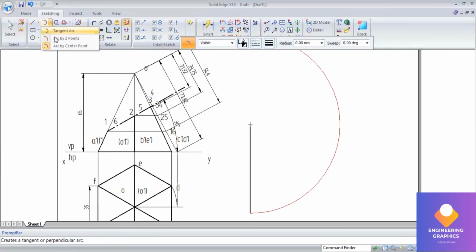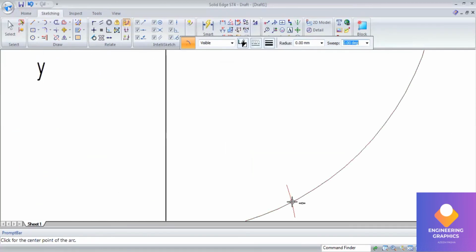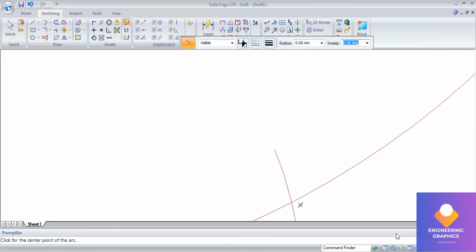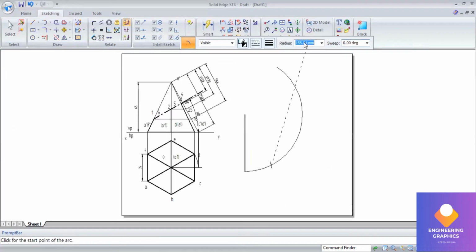Now again go to arc by center, measure 35 mm from this end, type 35, enter, and cut the arc. There are 6 arcs, total 6 arcs we have to cut here because you have to get 6 faces, because it is a hexagonal pyramid.